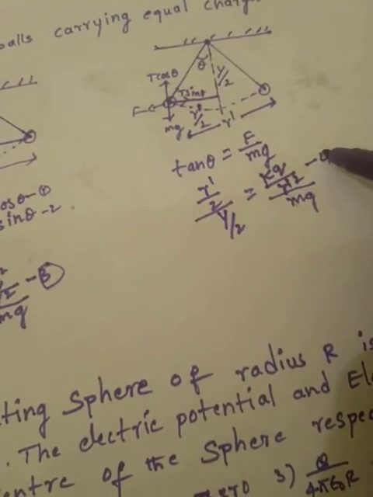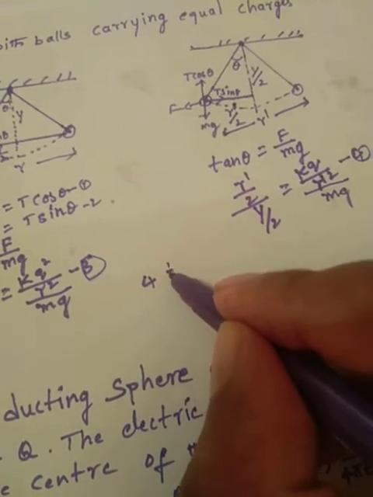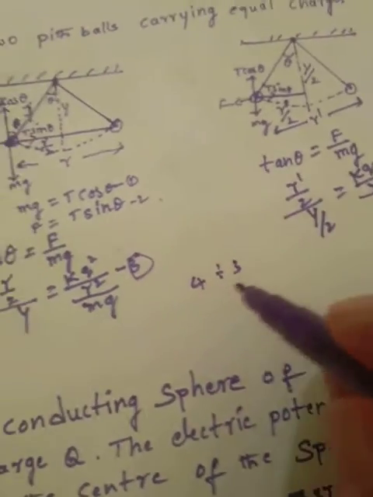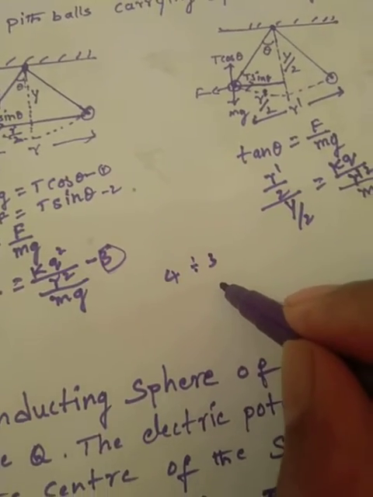Now just divide equation 4 by 3. So when you divide these two, on simplification, what will we get?